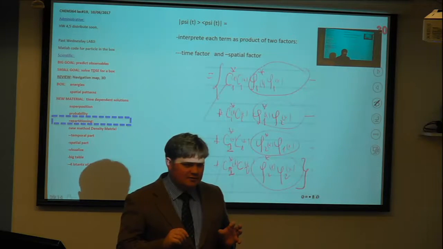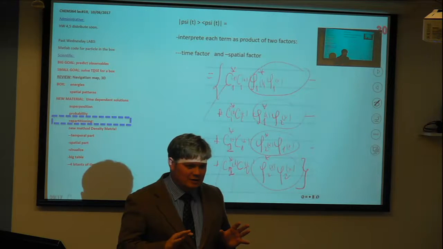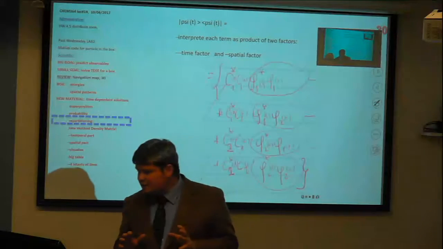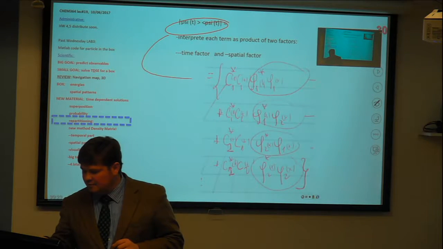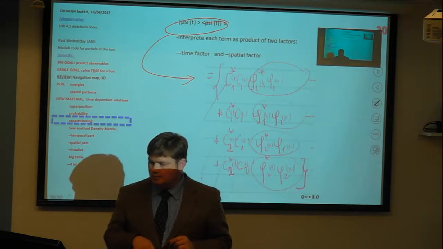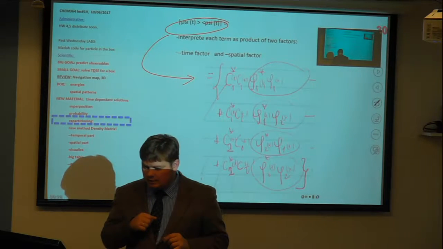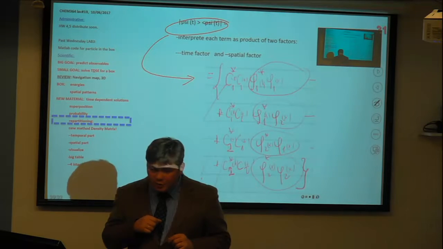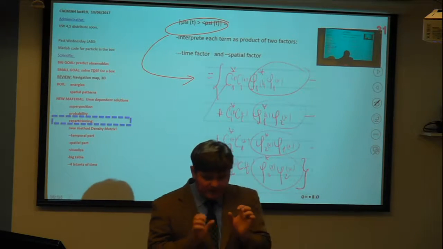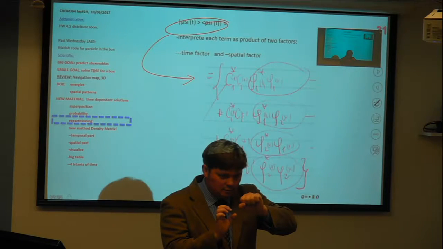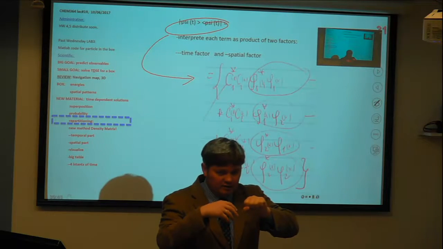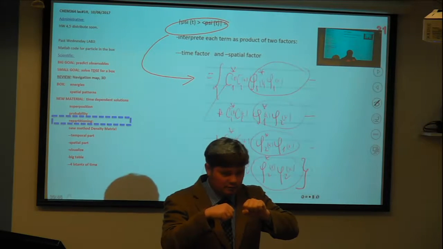Enough of Dirac. Let's go to regular functions. And we see that this thing is represented as a summation of 4 terms, and each of the terms can be factorized into a factor that evolves in time and a factor that depends only on space, right?